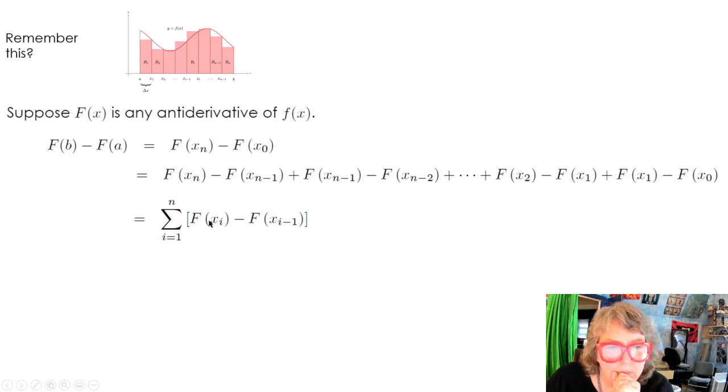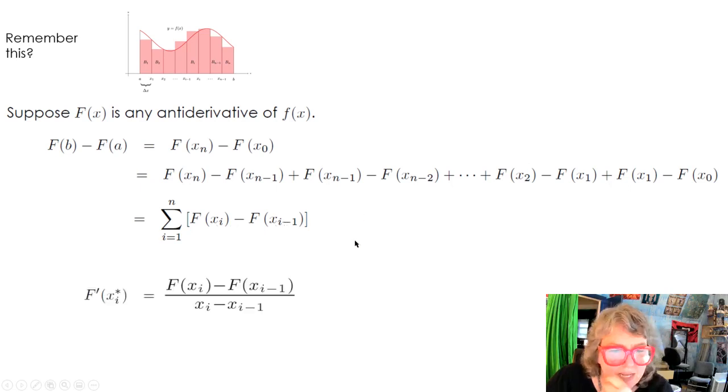Now, between any one of these, so this is F of x sub i and F of x sub i minus 1, I can find a point x i star where the derivative, the big F of x derivative, is the slope between those two endpoints.